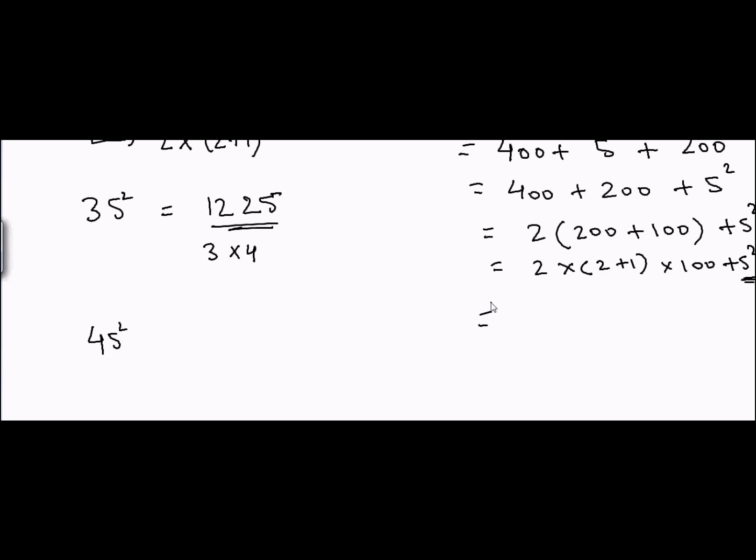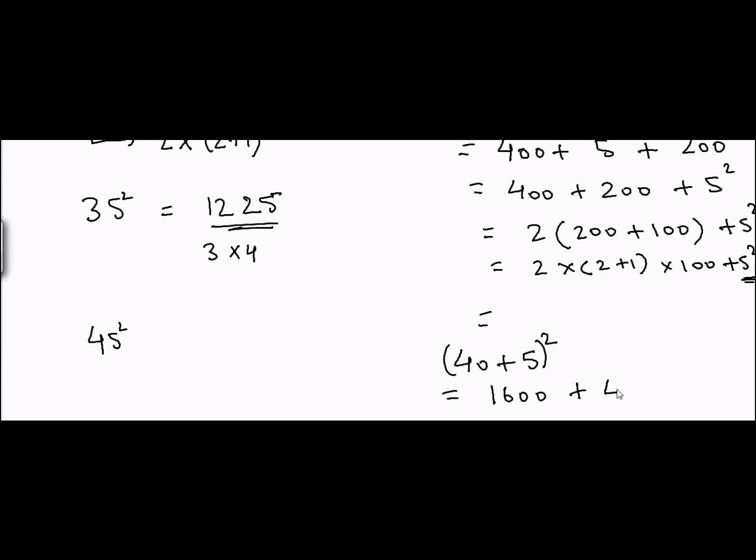And that will be equal to 1600 plus 4 into 5 is 20, so 400, plus 5 square, and that 5 square is our 25 in the end.